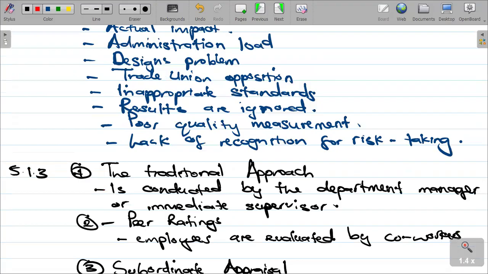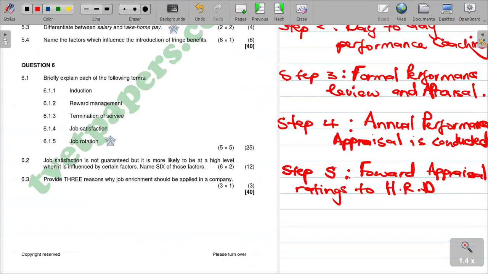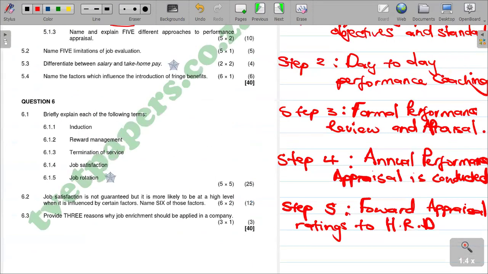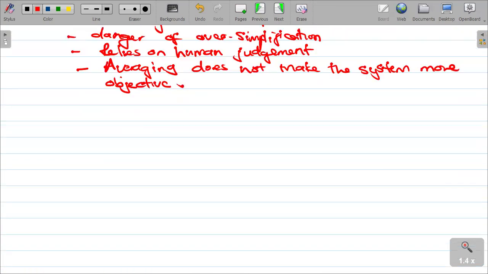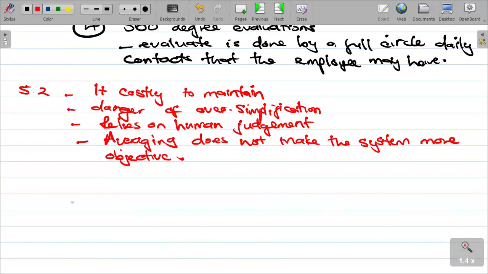Let's go to 5.3. Differentiate between salary and take-home money. Right, salary is the money that the employee receives before deductions.